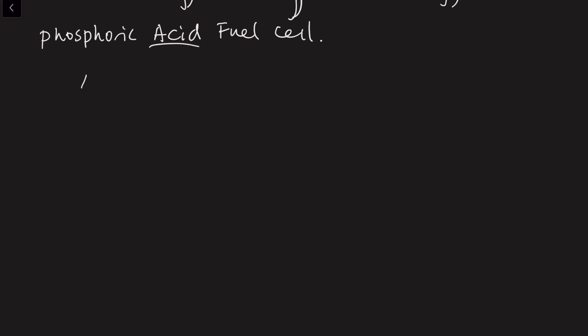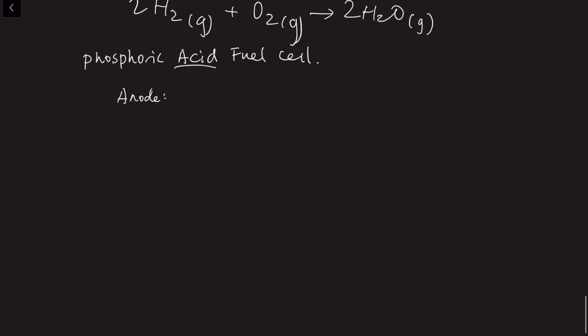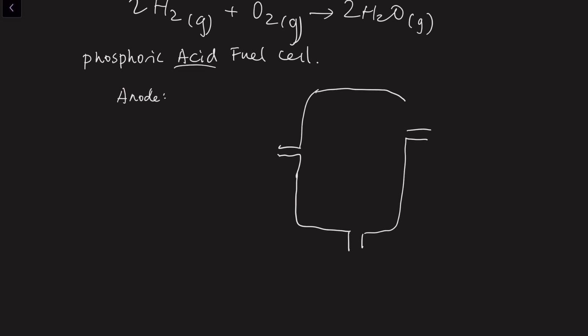So what happens at the anode? Maybe it's helpful to draw out what the electrode and what the fuel cell looks like, and then we can discuss. My drawing is not very good, but hopefully you can see all the important features.